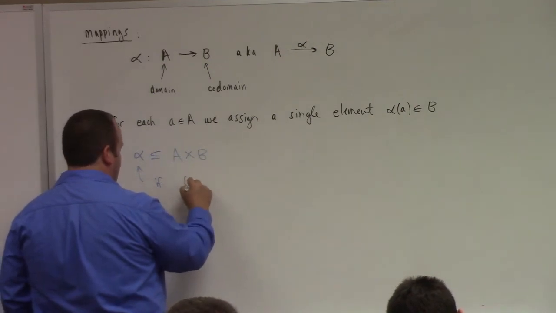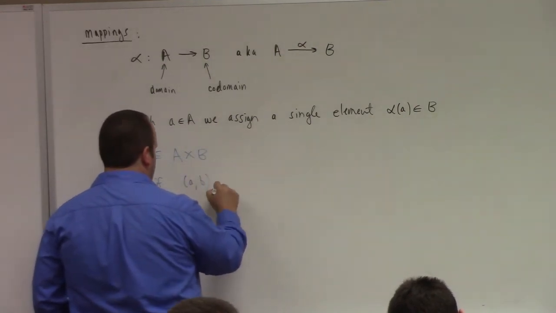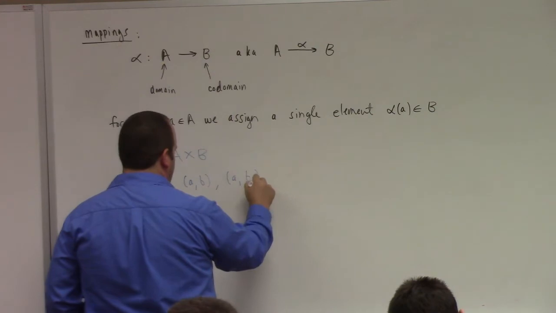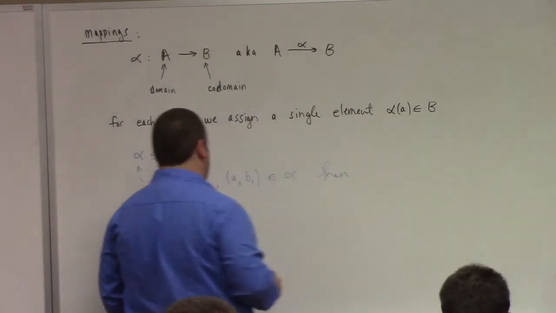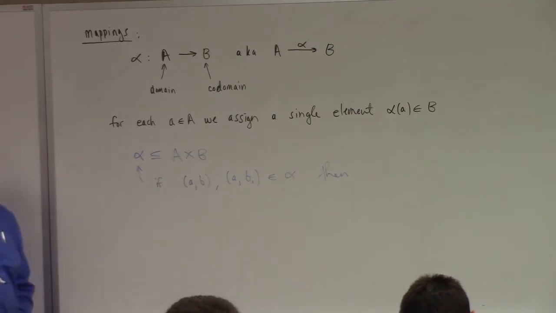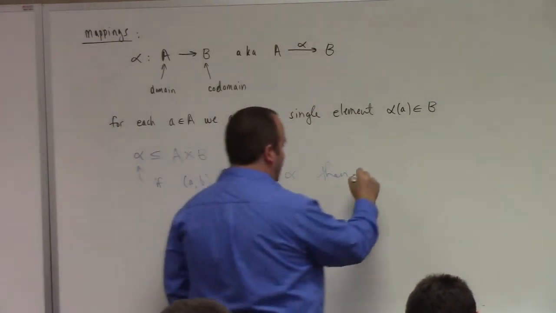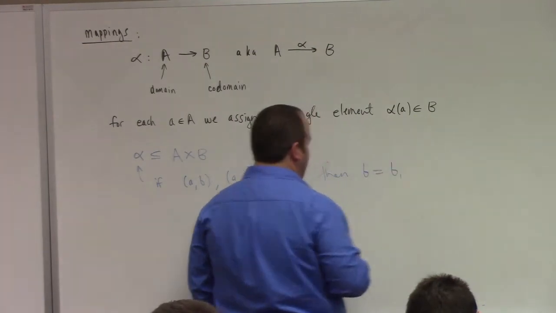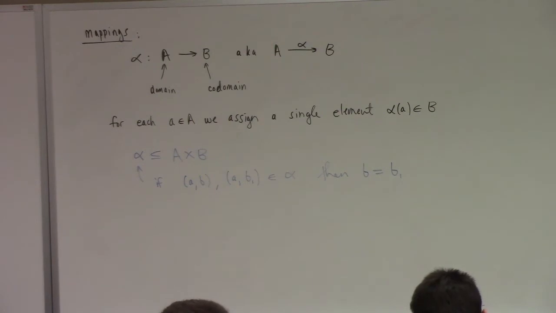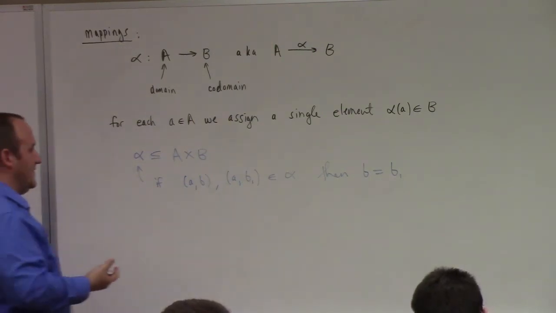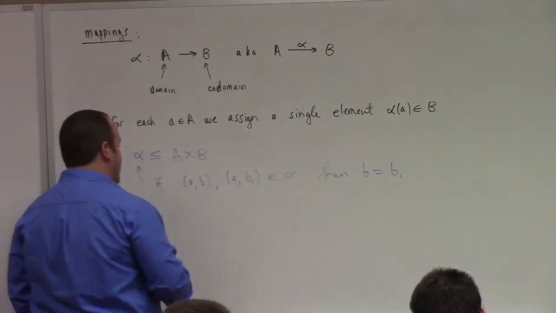If A comma B and A comma B1 are in alpha, then what? B and B1 are equal, right? Then B equals B1, which is just a fancy way of saying that whatever comes from A, there's just one thing coming from A. So this is just a sneaky set theoretic way of getting this idea.